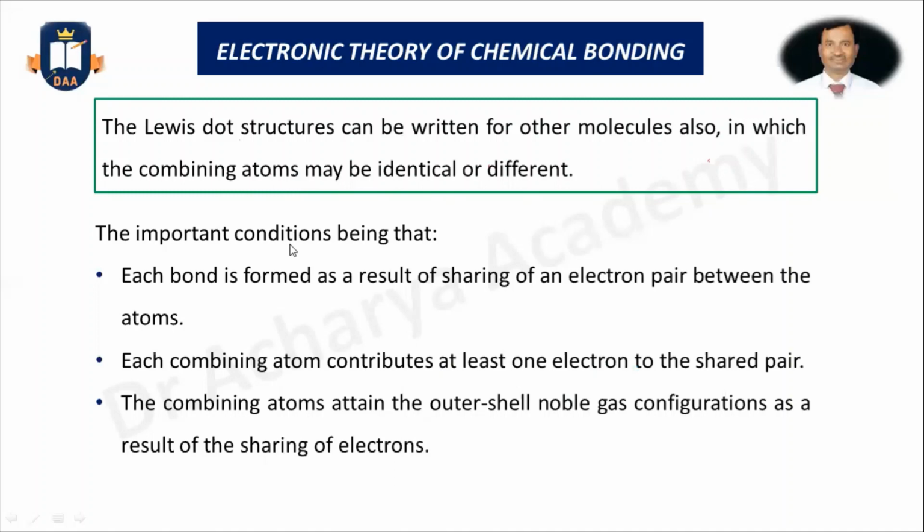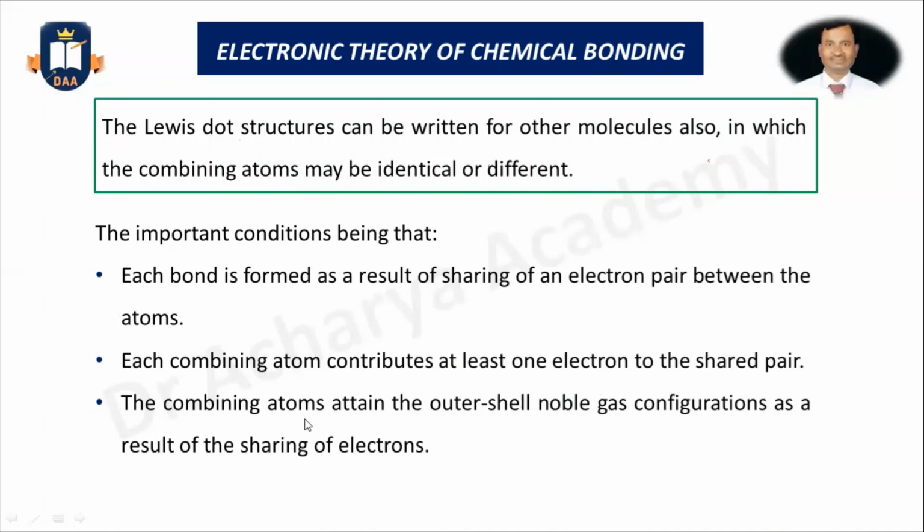There are some important conditions. Number one, each bond is formed as a result of sharing of an electron pair between the atoms, like the chlorine molecule I showed just now. Number two, each combining atom contributes at least one electron to the shared pair.